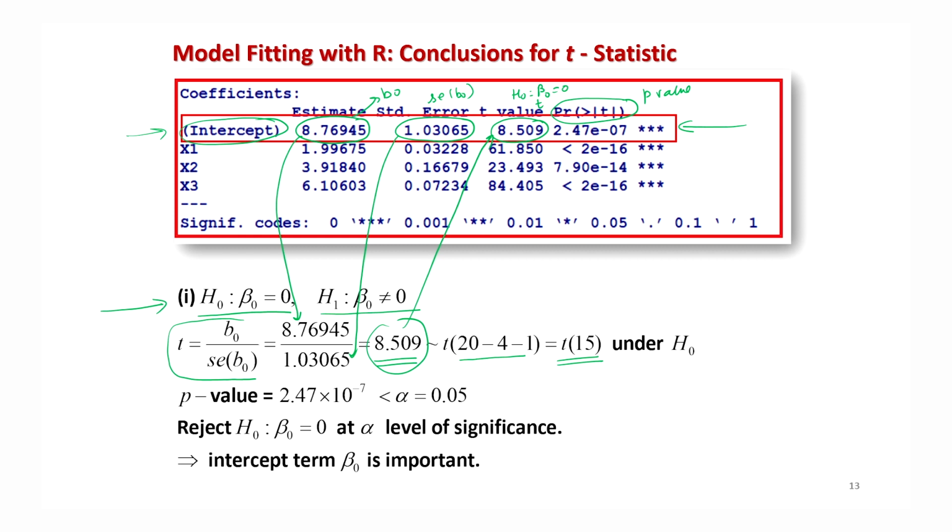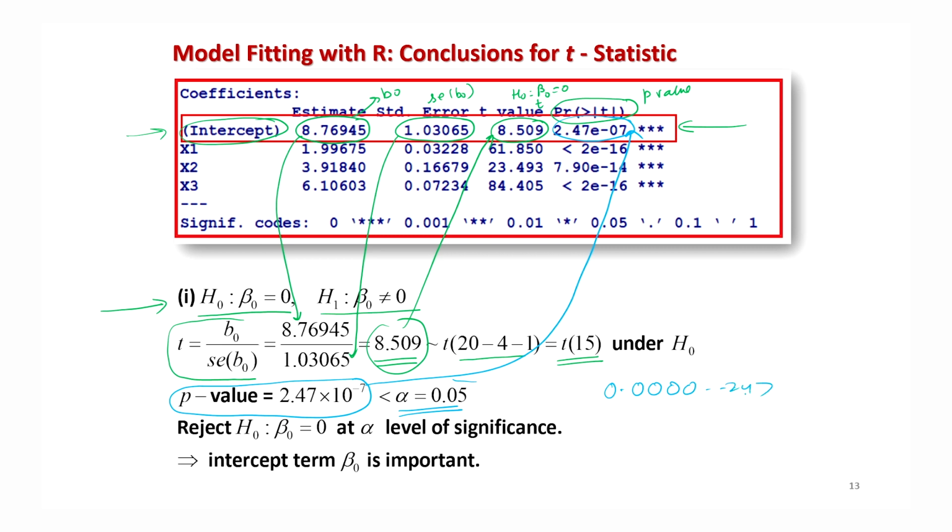And now the p value is given here. If you choose alpha equal to 0.05, then the p value is 2.47 into 10 to the power of minus 7, something like 0.0000 and then 247.